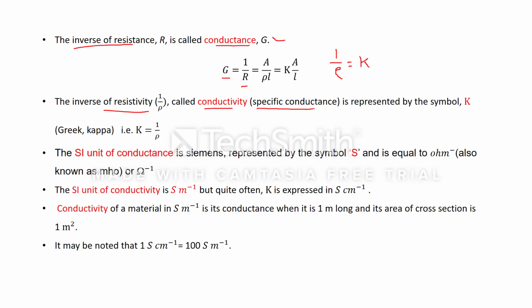Previously it was known as specific conductance, but nowadays it is known as conductivity, and it is represented by the symbol kappa, again a Greek letter. We can say kappa is equal to 1 by rho.